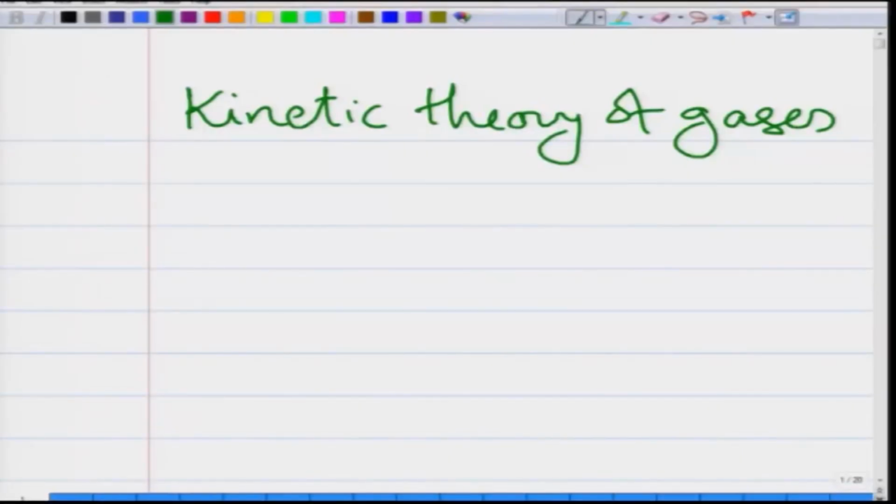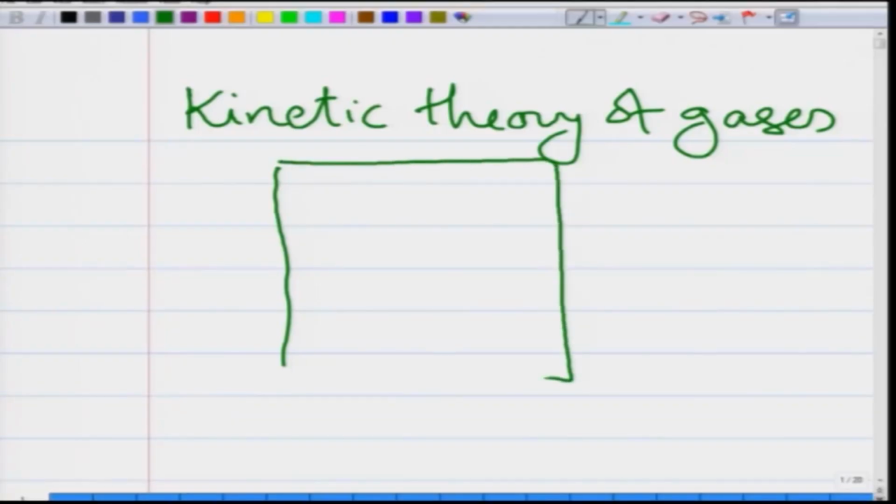So, using the kinetic theory of gases, we will just recall some of the behavior of typical gases. What does the kinetic theory of gases say? And we will use that. You will see that some of these theories and ideas will get repeated when we study solids and some properties of the solid.